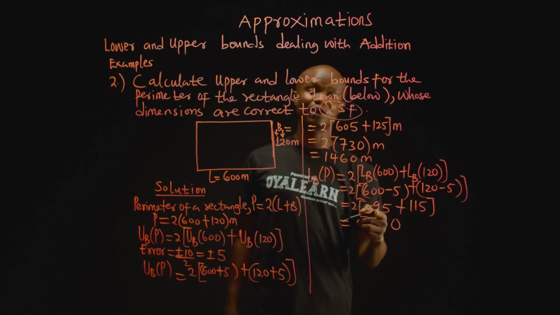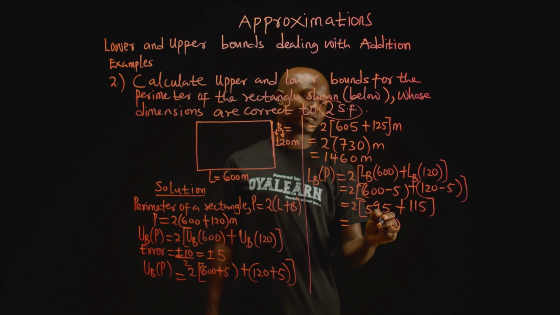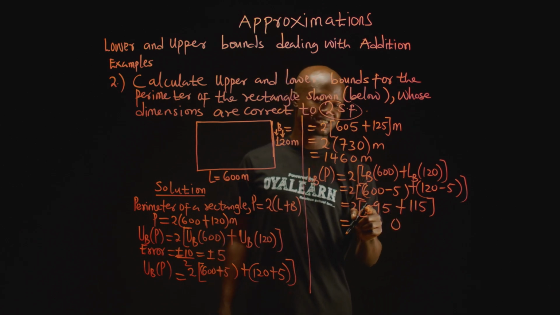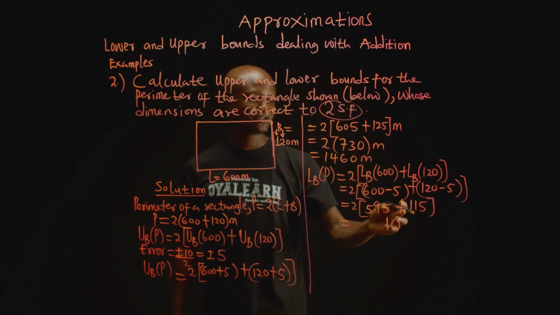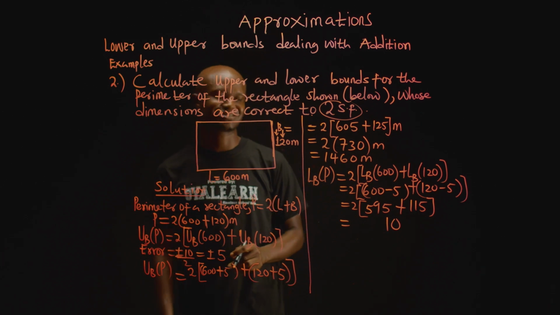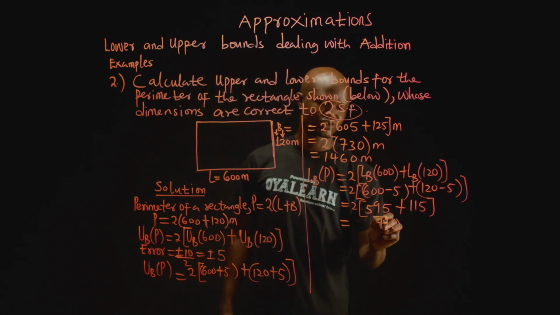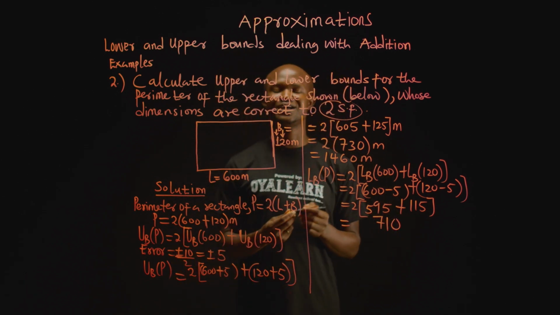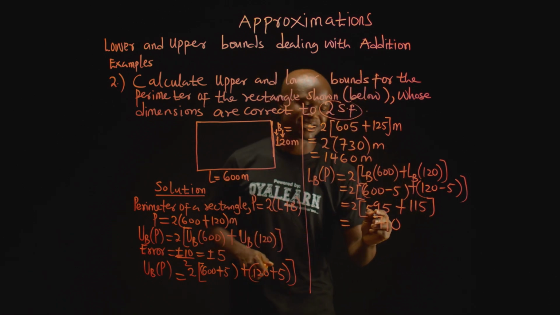Now we have 1 plus 9, that will give us 10, plus the 1 we carried, so we have 11. Then we carry 1 again. 1 plus 5 will give us 6, 6 plus 1 will give us 7, because we carried 1. So in summary, 595 plus 115 will give us 710.